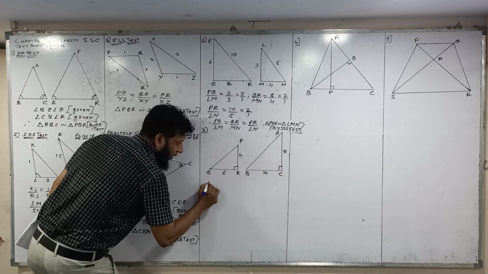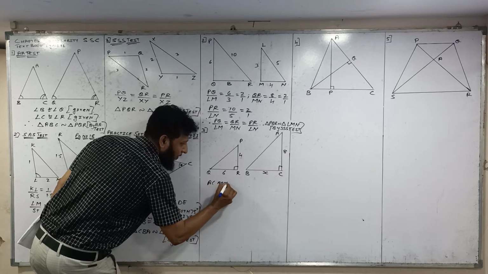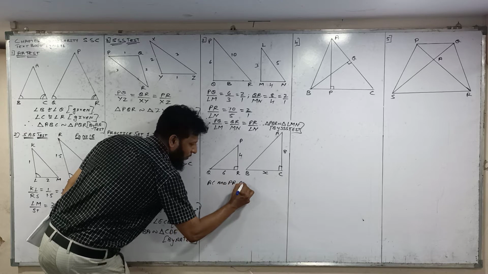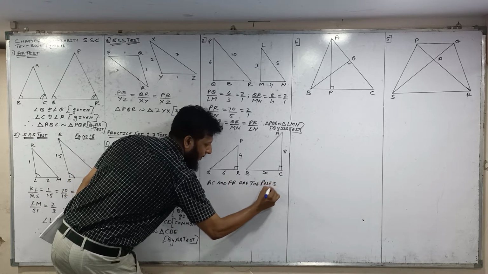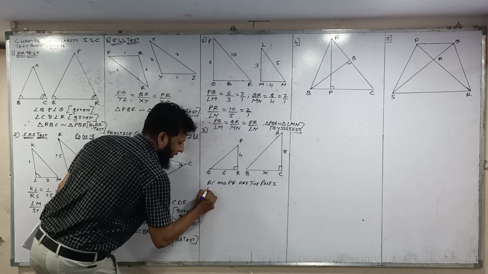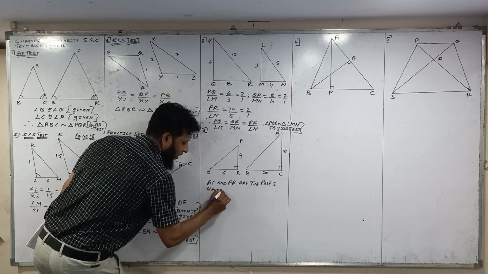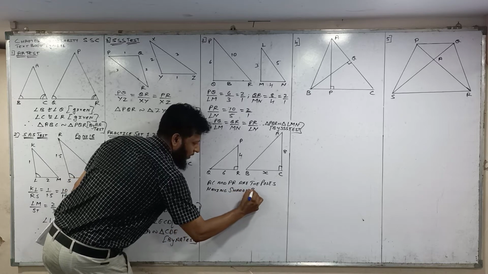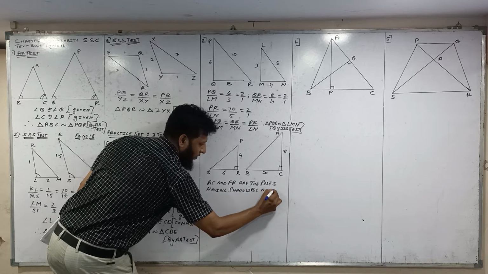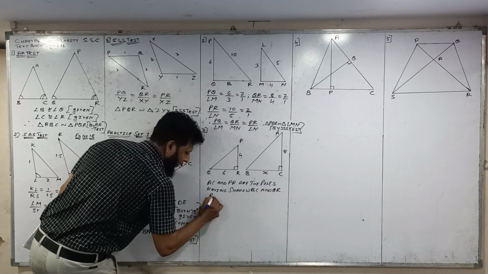So AC and PR are the poles having shadows BC and QR respectively.